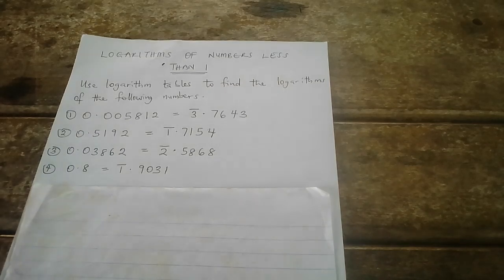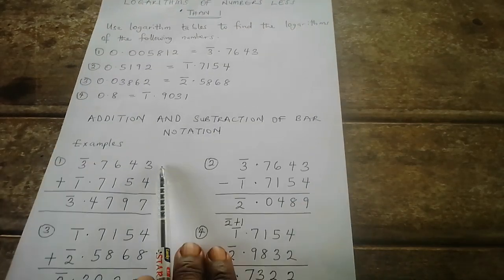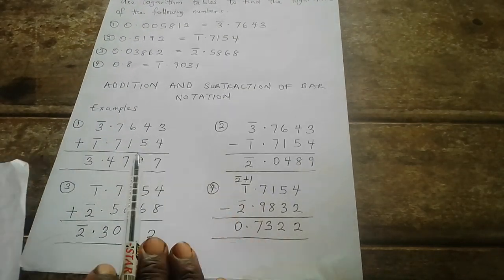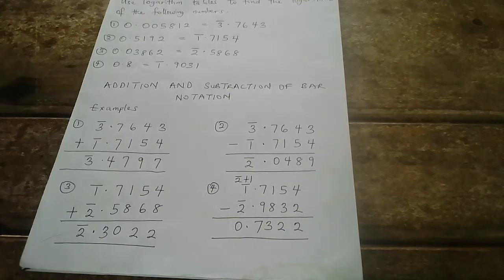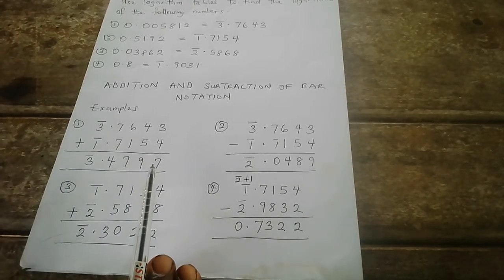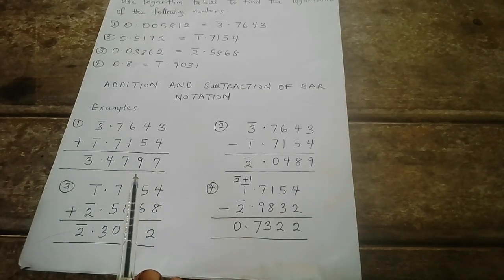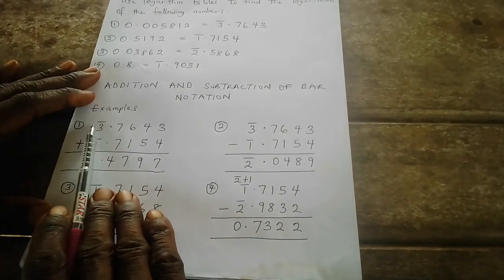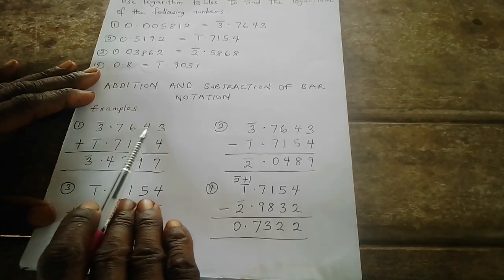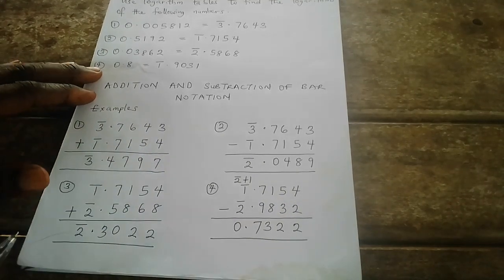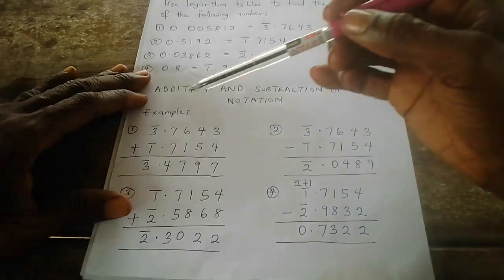Now before we move on, we also need to know how to add and subtract in bar notation. Earlier I told you that whenever you have bar on any number, it's only for that number. It does not affect all the others. Now let's look at this example.